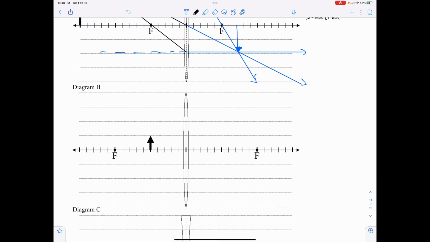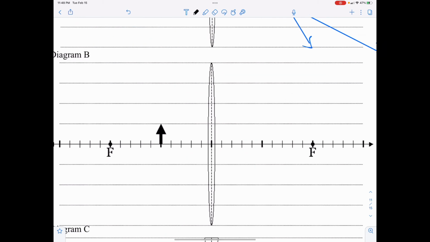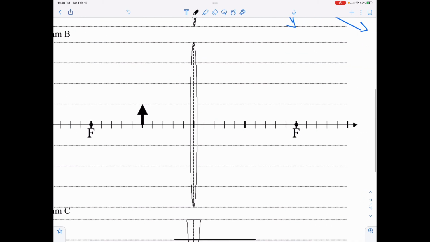Okay, now let's move the object inside the focal length and repeat those rules. So we're going to go parallel to the principal axis. And then we're going to go through the far side focal point, just like that. There we go. Draw your back ray extension.